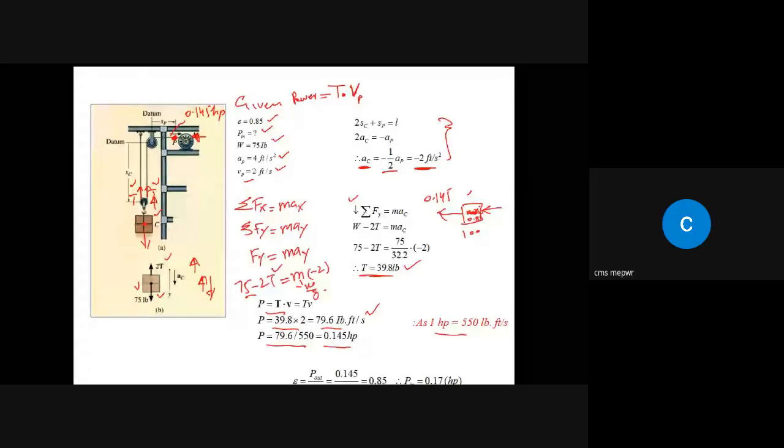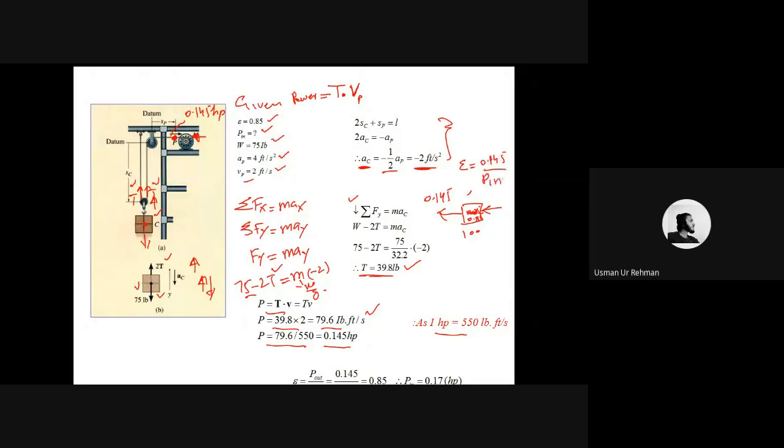So as we know, efficiency is equal to output by input, right? How much is the efficiency? 0.85. So the input will go here, and this E will come here.